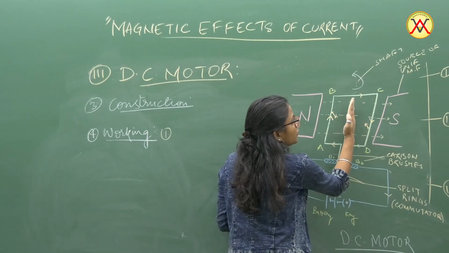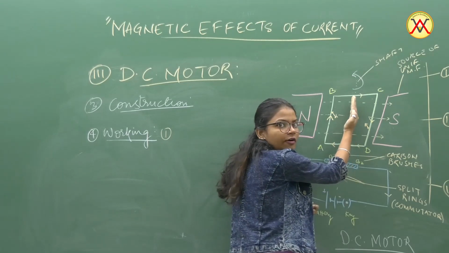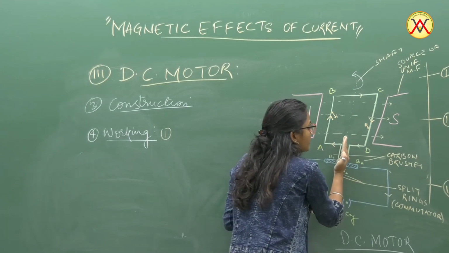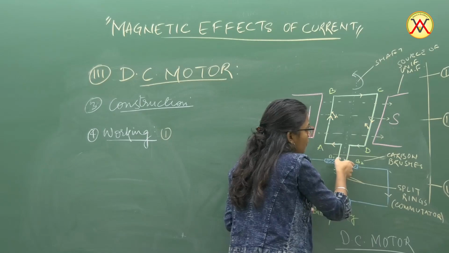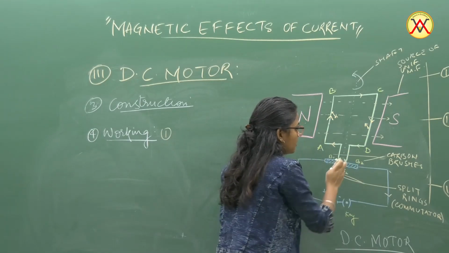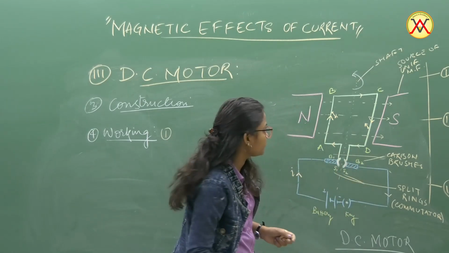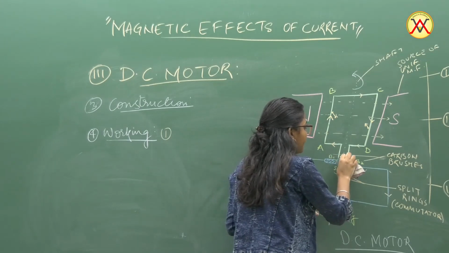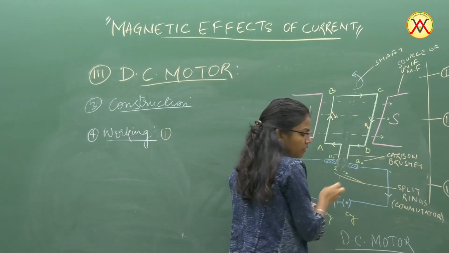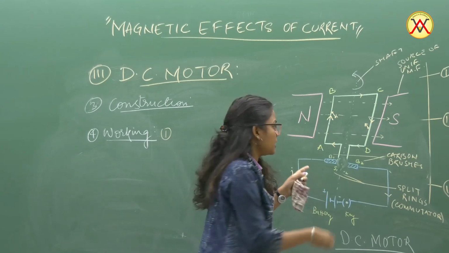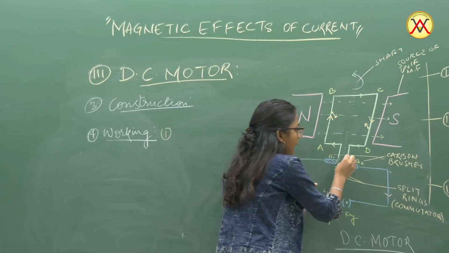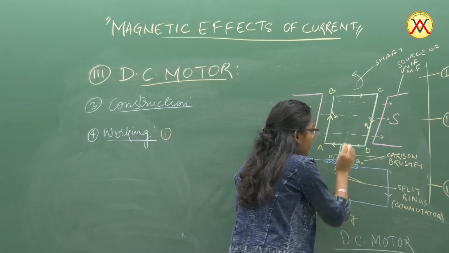After 1/4 revolution, that is at this position of our coil, what will happen? The split ring will be coming like this. You need not mention it in your diagram, but I am doing it to make you understand only.